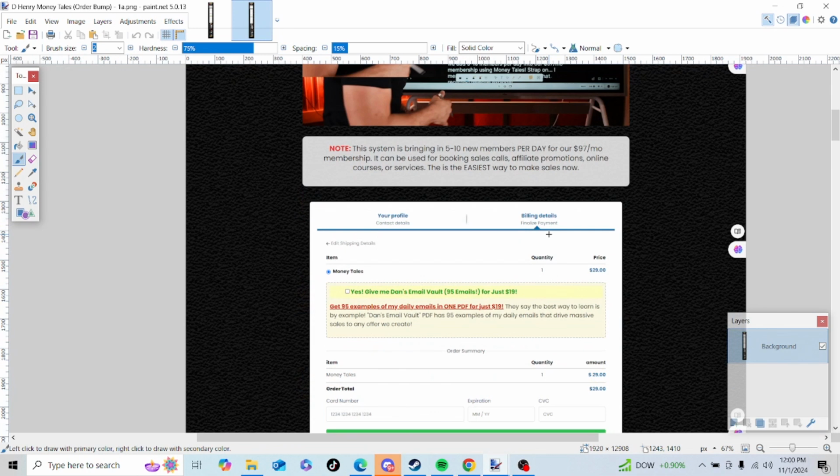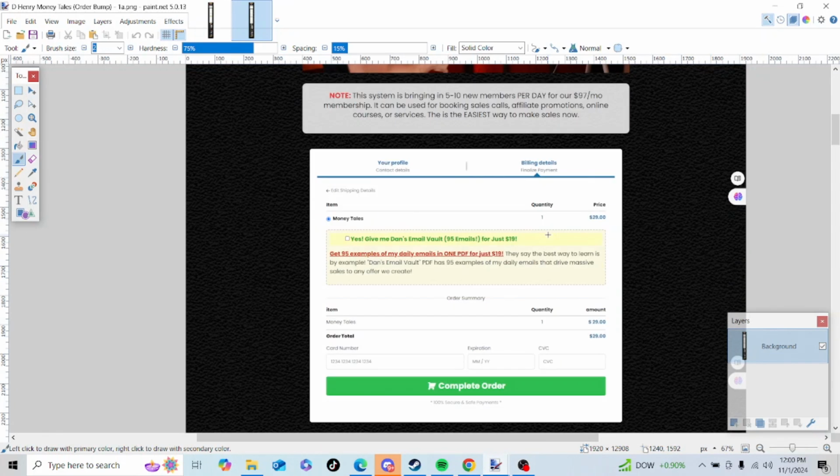The Money Tales product itself is $29, so basically a $30 product. And then if you wanted to get the upsell, that'd be another $19. And one of the things that Dan Henry has gone to doing, as I said, is launching these smaller offers like Money Tales at a low cost to see how they do and then raising them up.